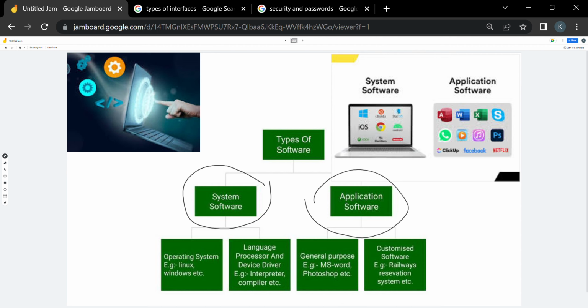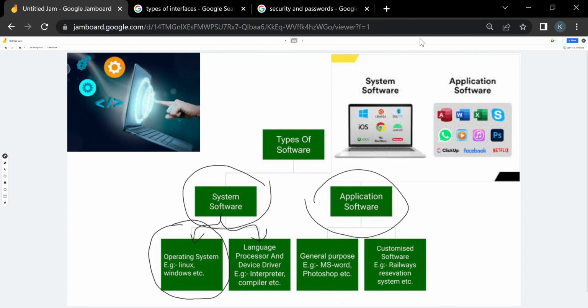What is system software? As its name indicates, these are the type of software which are directly connected with the computer system. For example, an operating system that is directly installed onto the computer, and then we have another type of software that is known as utility software.